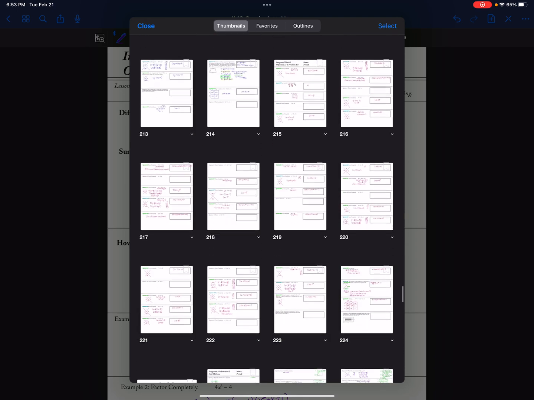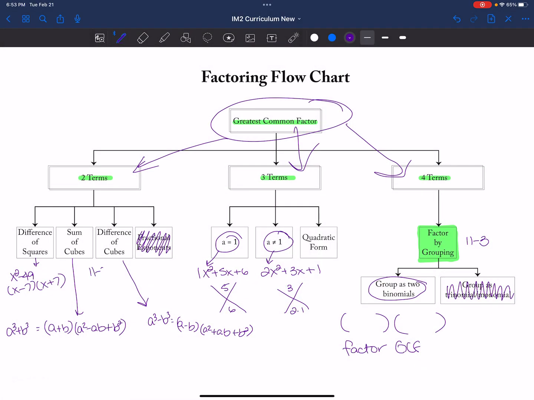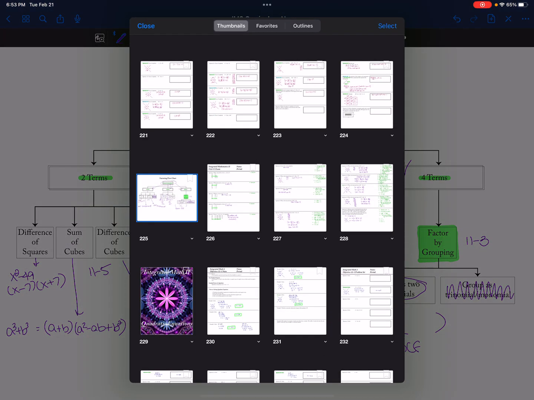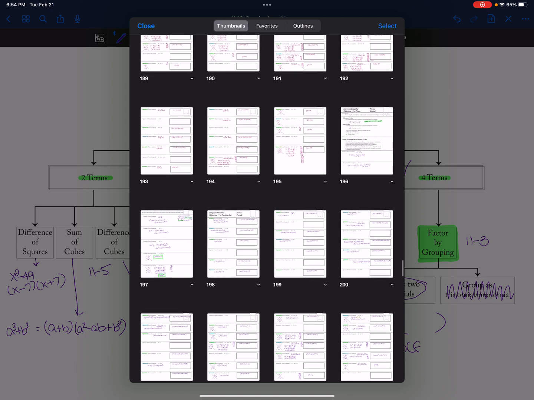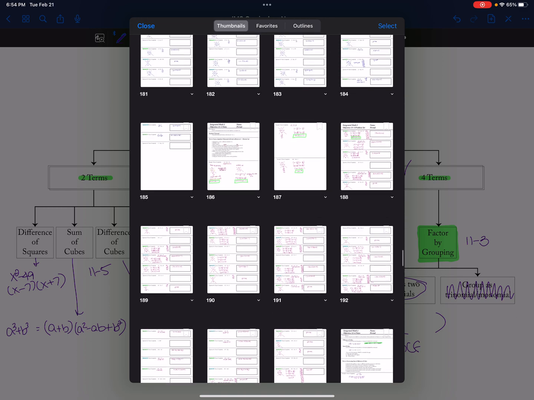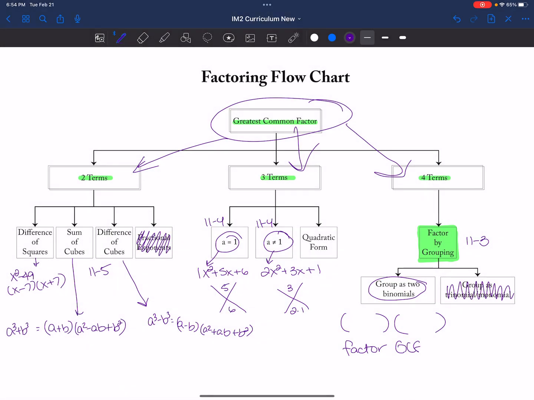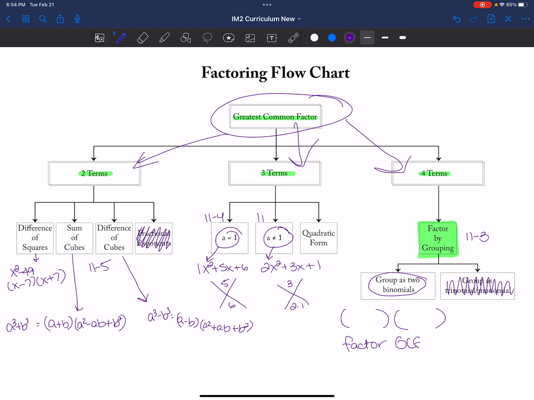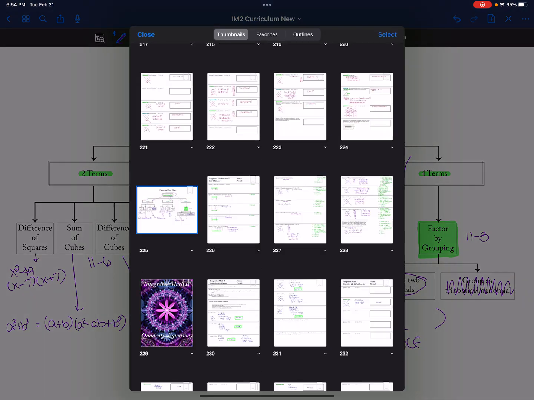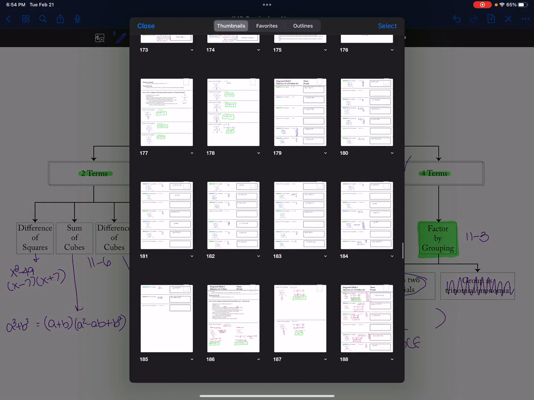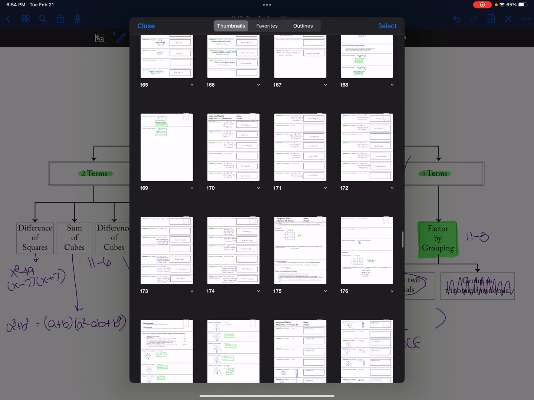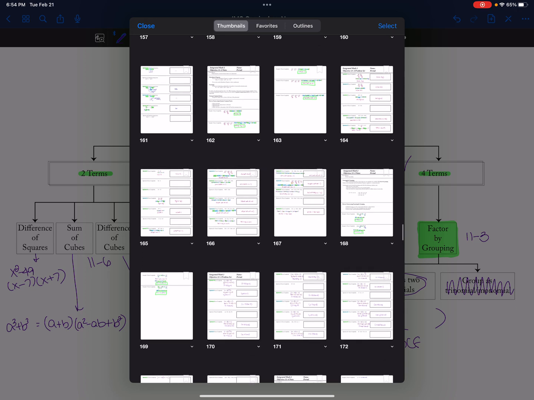Difference of squares is 11-4. Greatest common factor was 11-2.